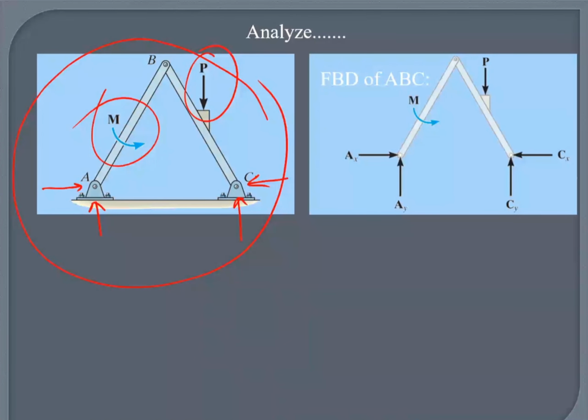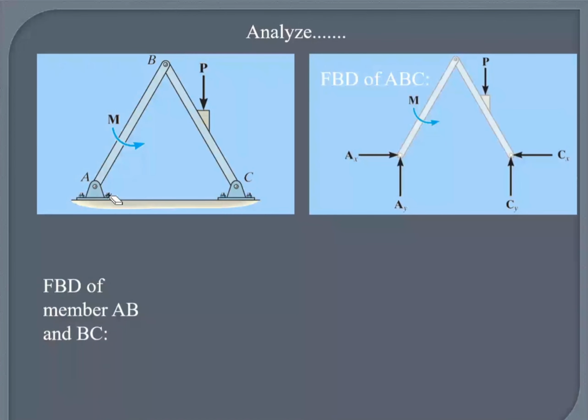Let's look at the free-body diagram of members AB and BC. Let's look at the free-body diagram of AB first. I would draw AB. At A, I've got 2 reaction forces, AY and AX.